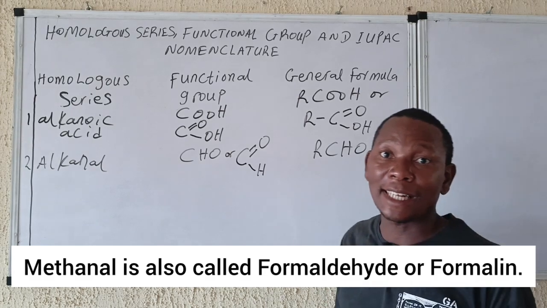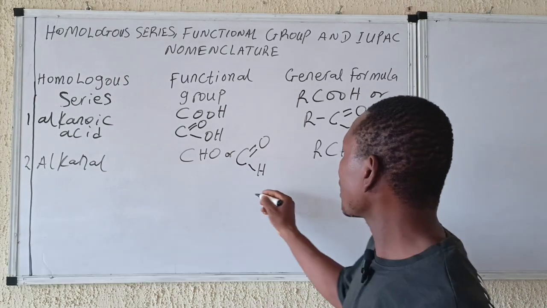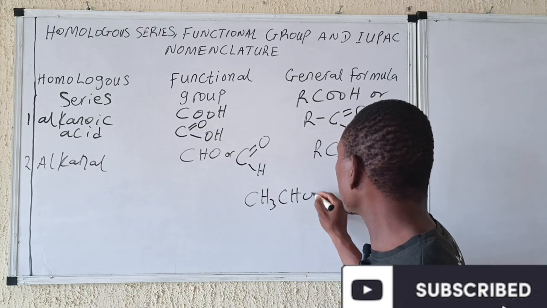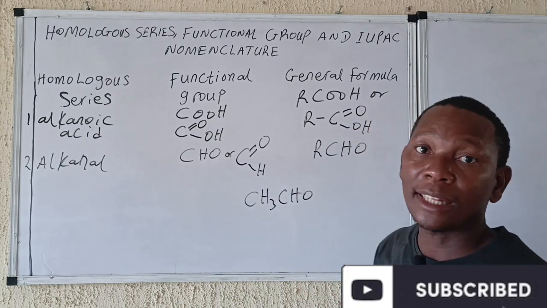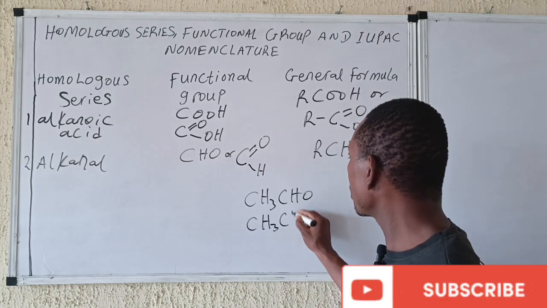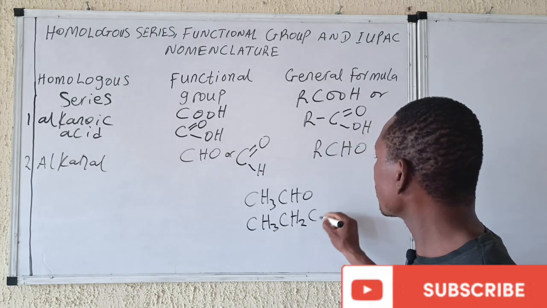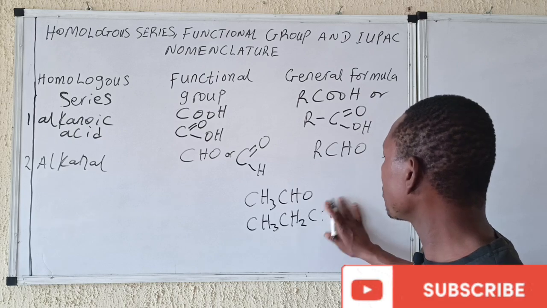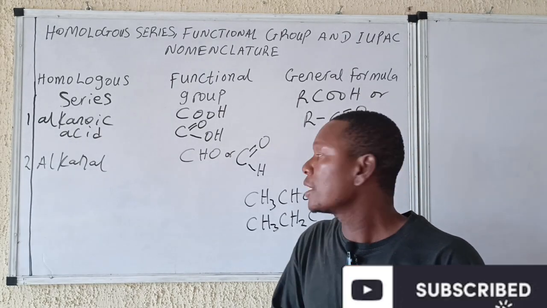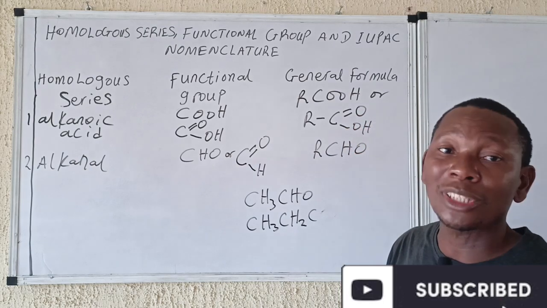Second member, ethanal. So if you want to have ethanal, you have CH3CHO. This is ethanal. If you want to have propanal, you have CH3, CH2, and CHO. Or you can put it in the ideal format.